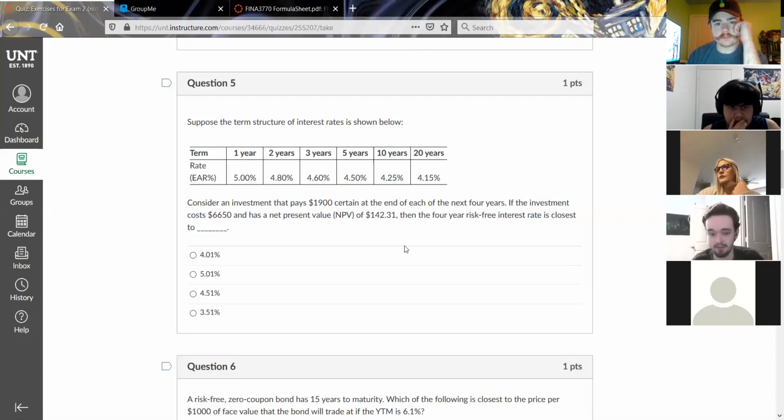It probably doesn't make any sense, but you're trying to change the time value of money for each year. So you divide the payment for each of those years by 1 plus the percentage. There's a formula for it.